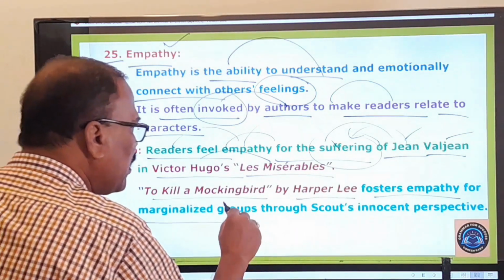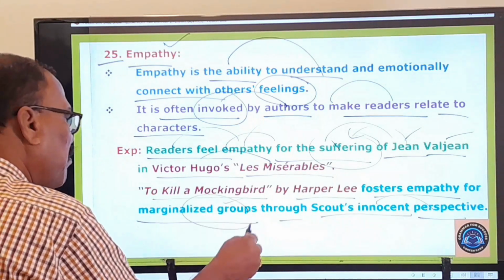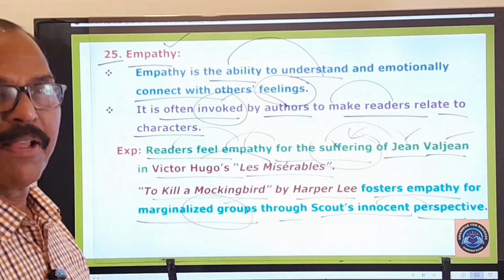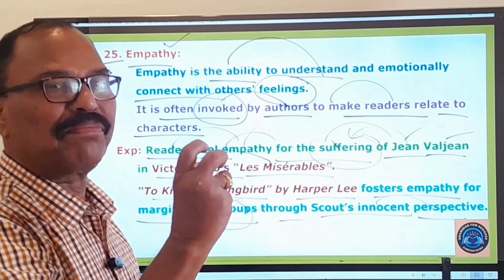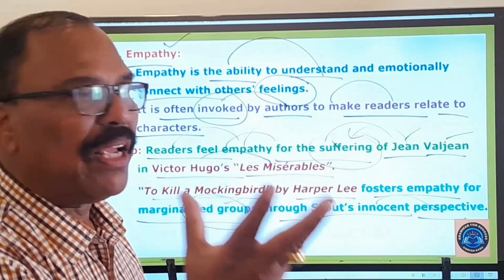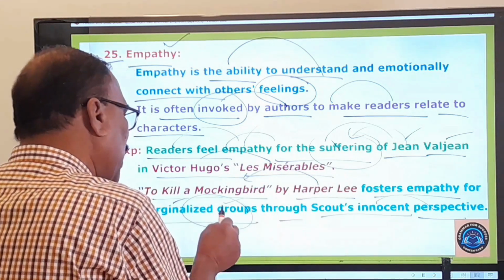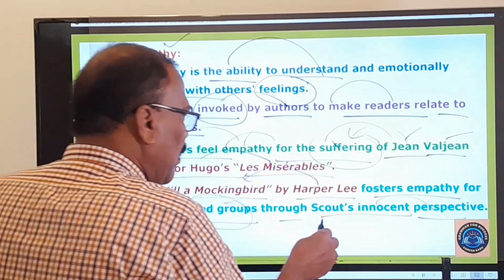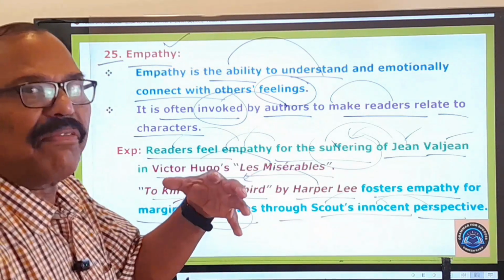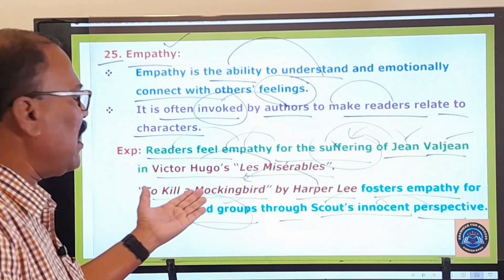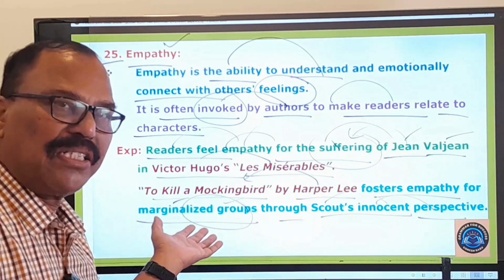One more example is To Kill a Mockingbird by Harper Lee, which fosters empathy for marginalized groups through Scout's innocent perspective. In this, you can find marginalized groups of people. Marginalized people means neglected groups of people, disregarded groups of people. Harper Lee created these marginalized groups, and through Scout's innocent perspective, the readers felt empathy for the people belonging to the marginalized groups.